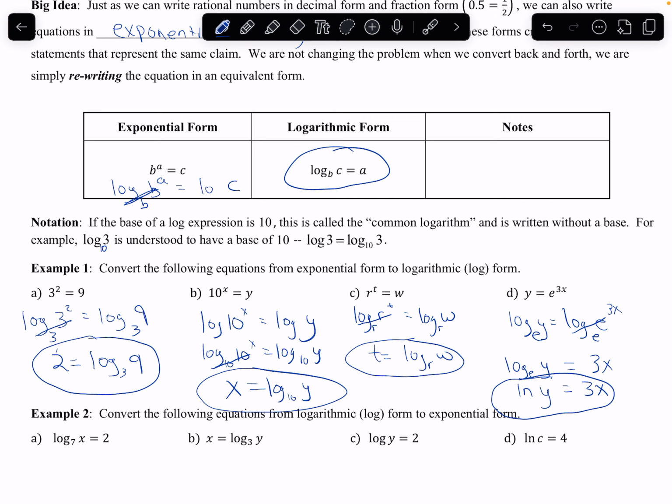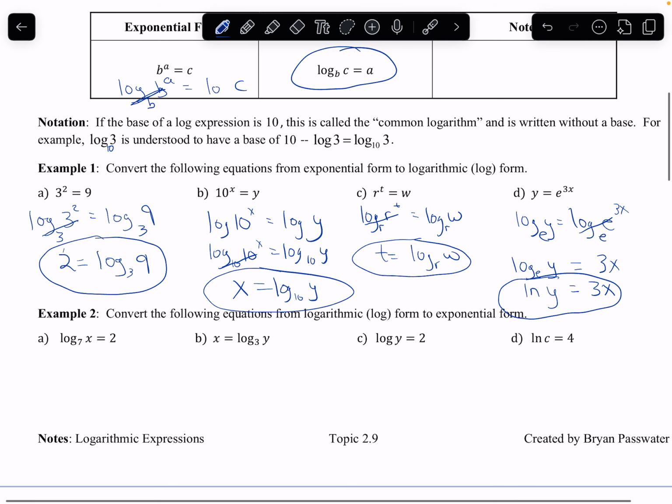All right, let's go down to example 2. Example 2 says convert the following equations from log form to exponential form. I'm going to show you the quick way to do these, but the quick way bypasses the why.